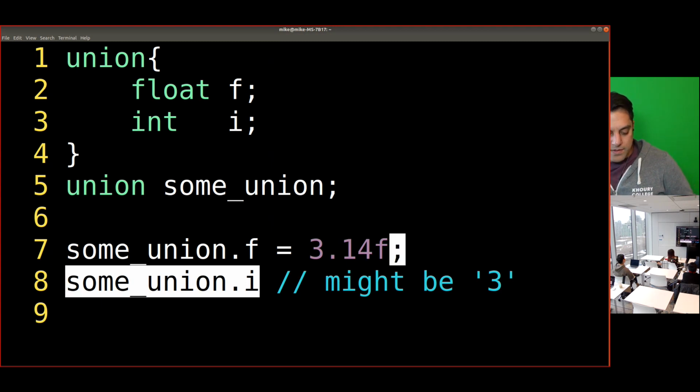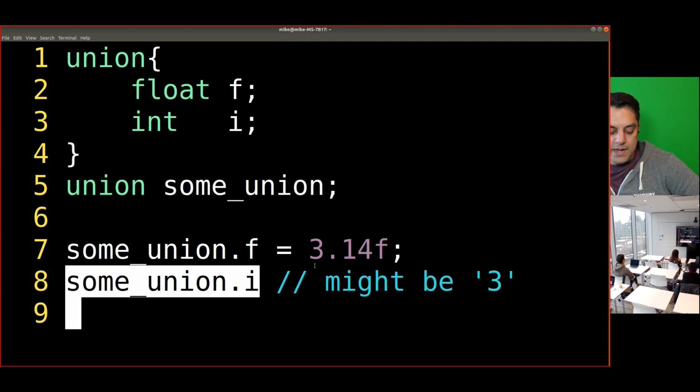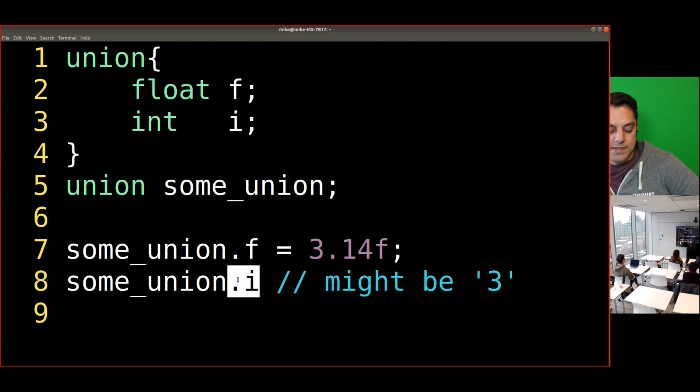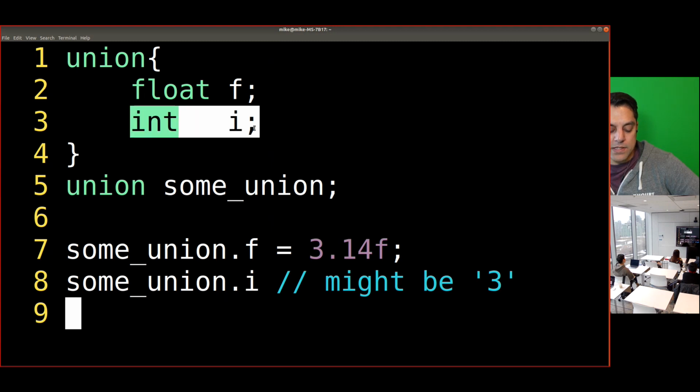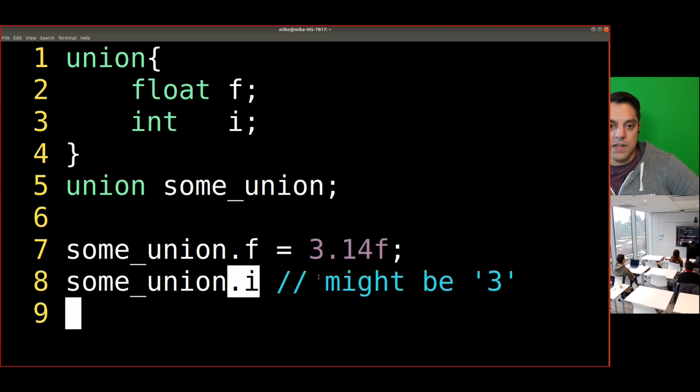Float is a little bit wonky, but I think you'll get the point here. The underlying data stores 3.14, but if I access this as an integer, then I take whatever my data is, which happens to be 3.14, and get that data out.